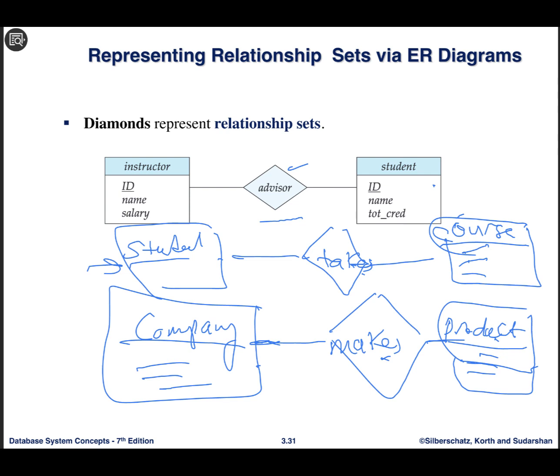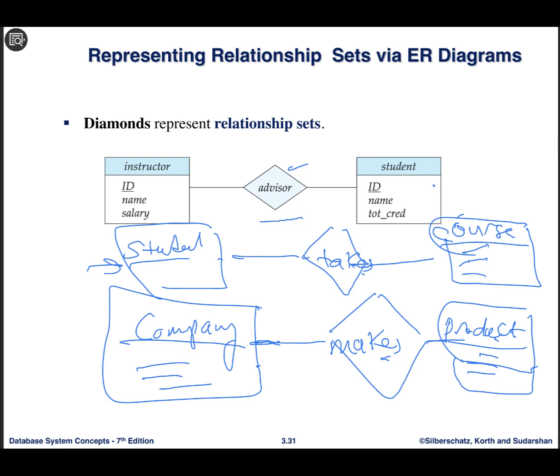Generally speaking, as a rule of thumb, we use nouns to specify the entity sets, for example instructor, student, applied, company, product, etc. And we use verbs to give names to the relationships. For example, student takes course, instructor advises student.